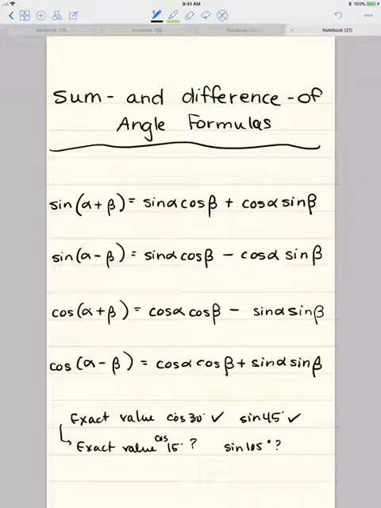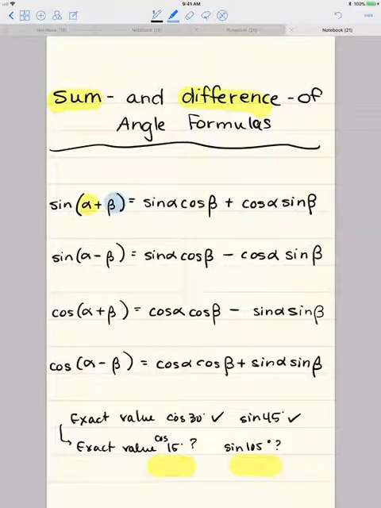But depending on whether they want sine or cosine, we can break apart those angles given as either the sum or difference of two angles from the unit circle, and then we can use one of these 4 formulas. The way they work is you break apart into alpha and beta, like 30 and 45. It just depends on what you break your sum or difference apart in.